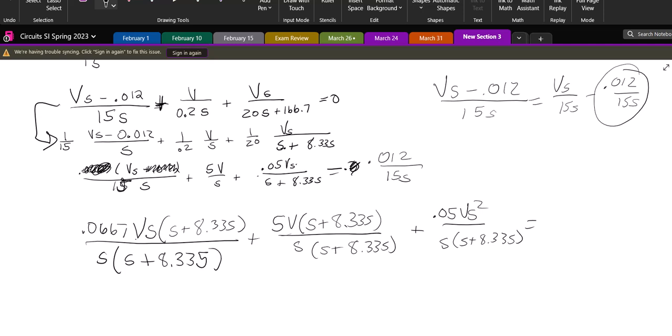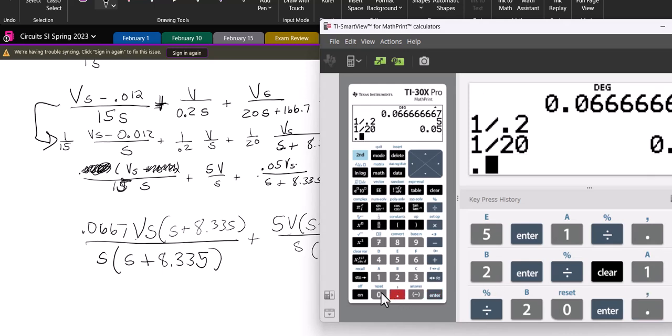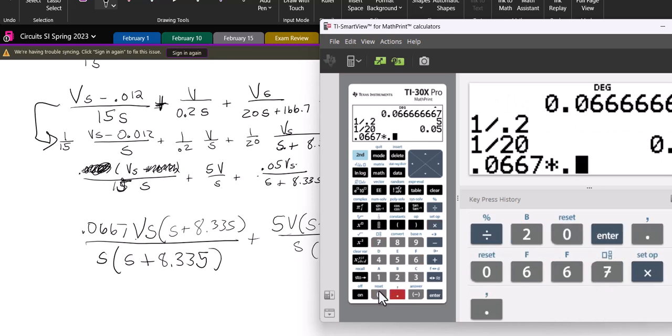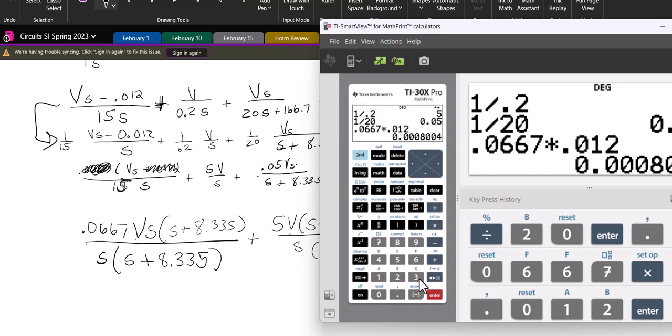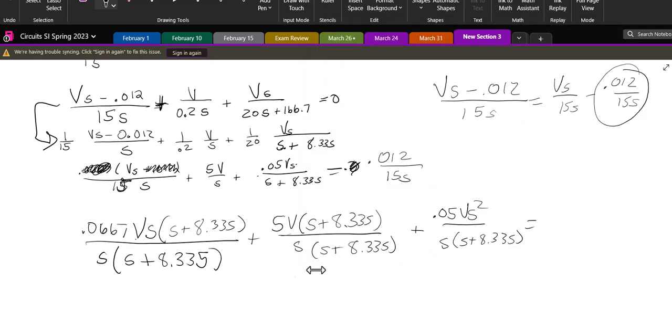And that equals, now remember the 1 over 15 was 0.0667, so I can multiply the 0.0667 by the 0.012, which gives 0.0008004 over S, because I brought that 15 up.